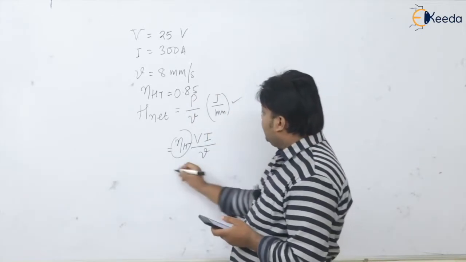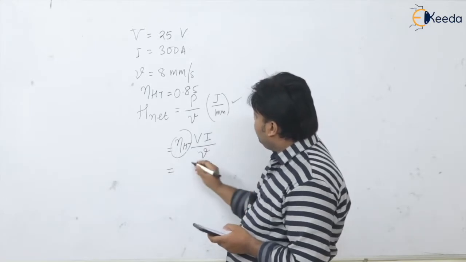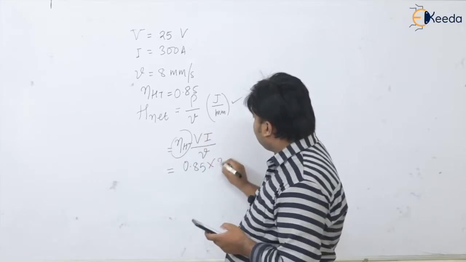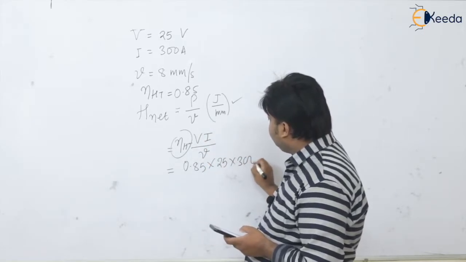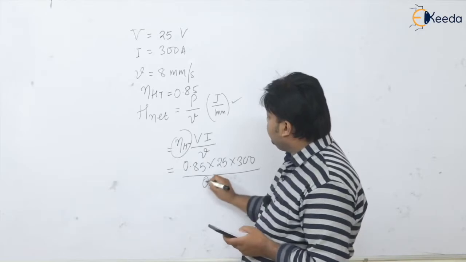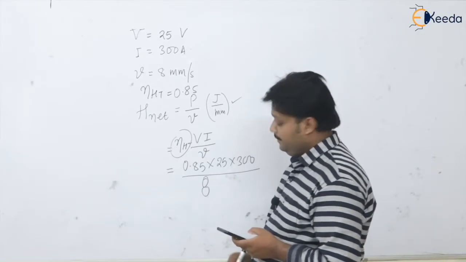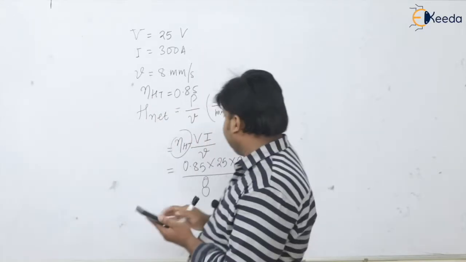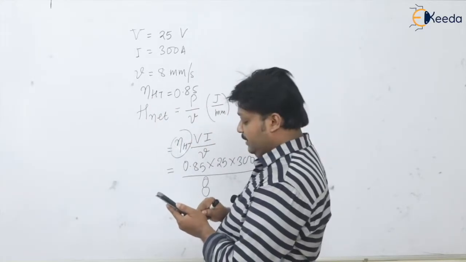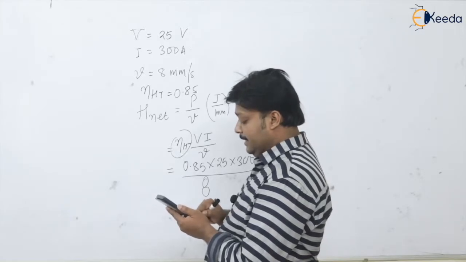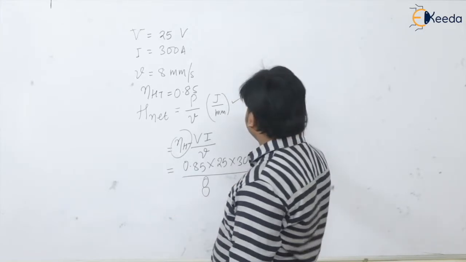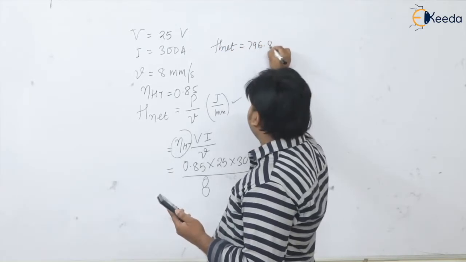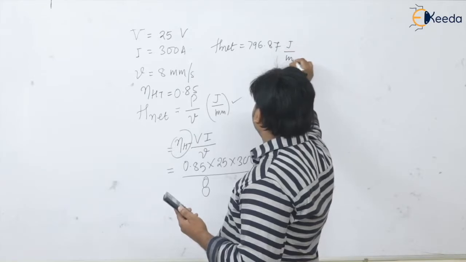So calculate. I will put the values: 0.85 into voltage 25 volts, current 300 amperes divided by speed of welding 8. Okay, so please calculate. If I calculate 0.85 into 25 into 300 divided by 8, it is 796.87, so net heat input will be 796.87 joule per mm.